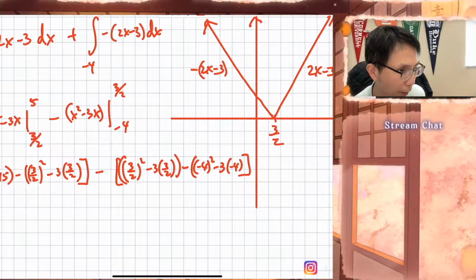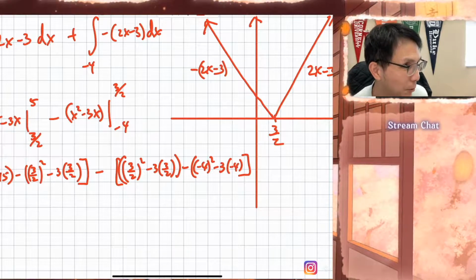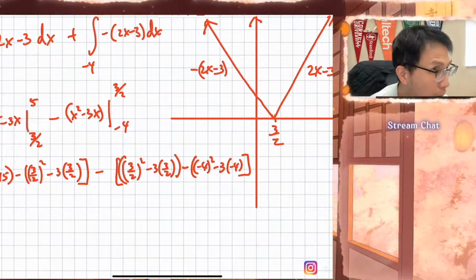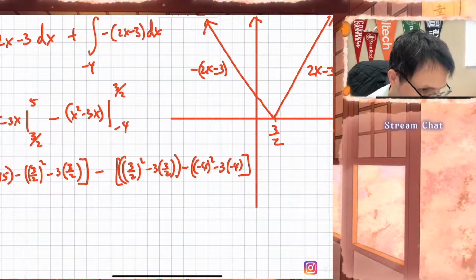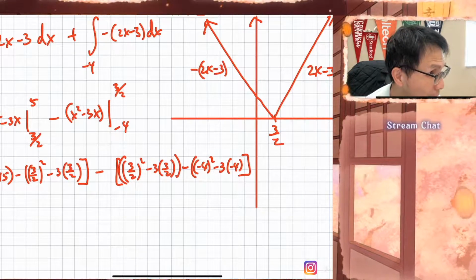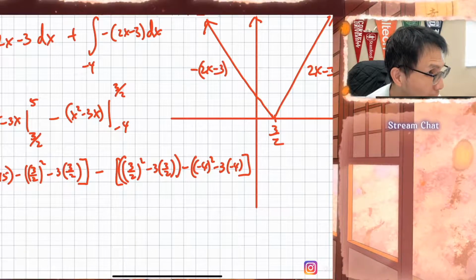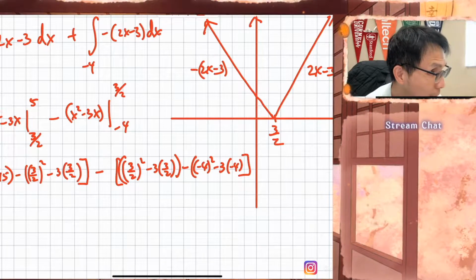And you're going to simplify this. It's just a lot of arithmetic, right? I'm not going to simplify this because I'm personally not a big fan of simplifying all this stuff. And if I ask 20 students, probably one student can simplify correctly.